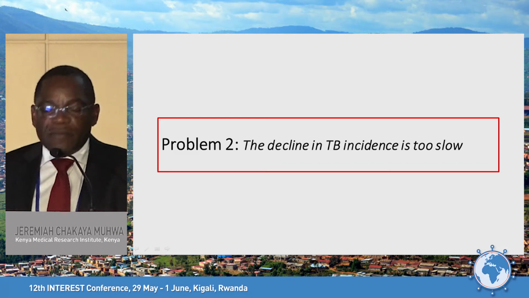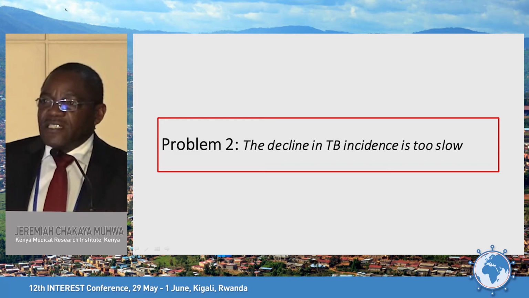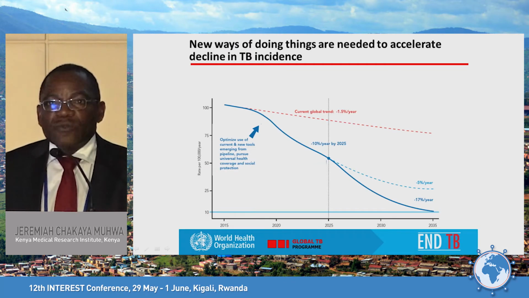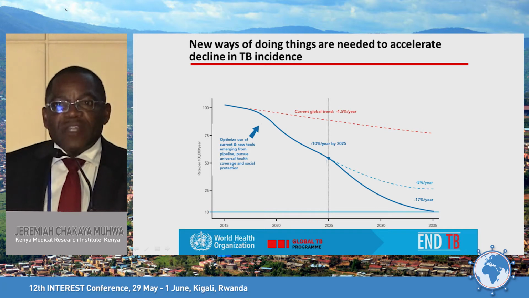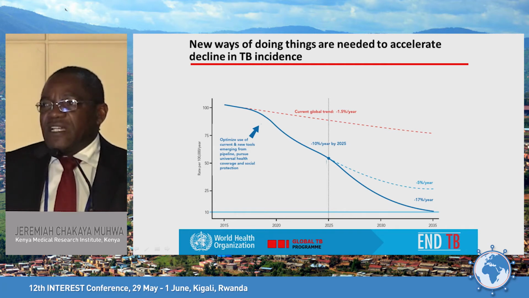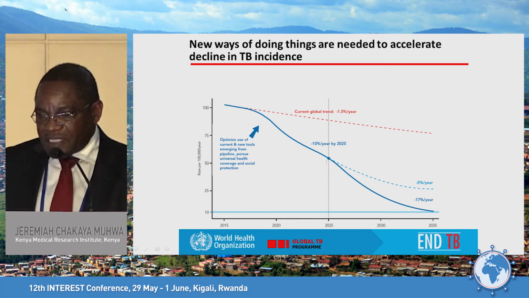The second problem is that the decline in TB incidence is too slow. And this is what WHO has told us, that if you look at the red dotted line, that's where we are going with TB incidence. Our TB incidence is dropping at a rate of about 1.5% per year.